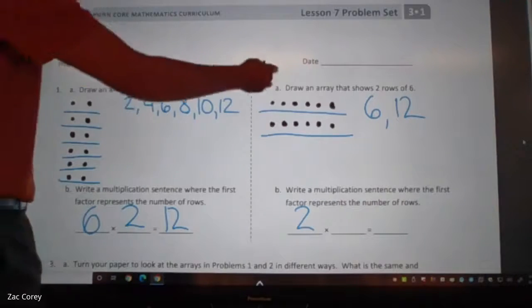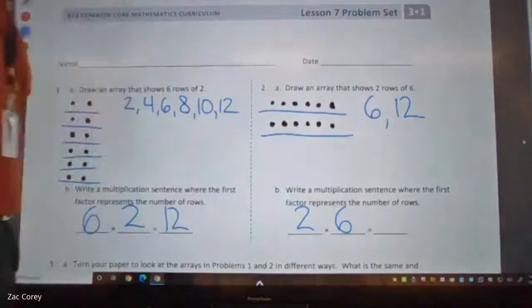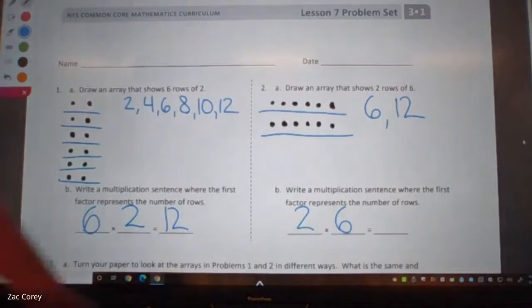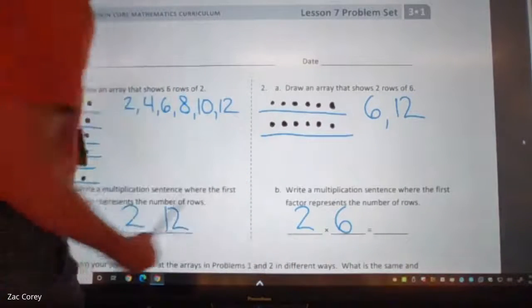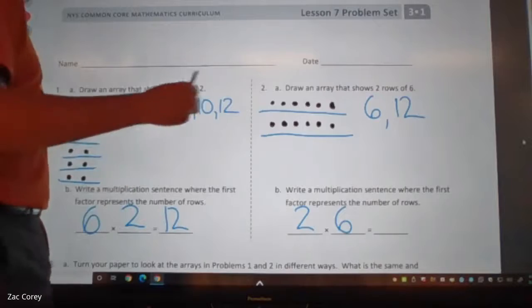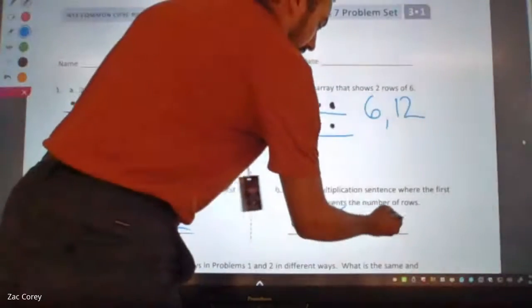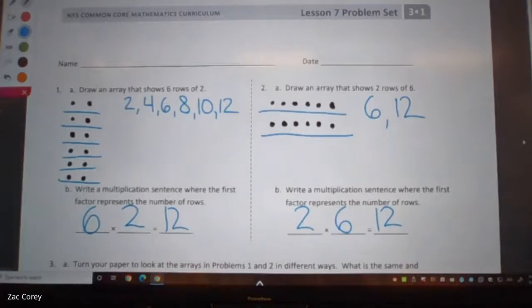This time we have 6 in each group, so it'd be 2 times 6. This multiplication equation tells us we're counting by 6 2 times, and we already did that. So 6 plus 6 equals 12. Okay? All right. Pause my video at any time if you need some extra time.